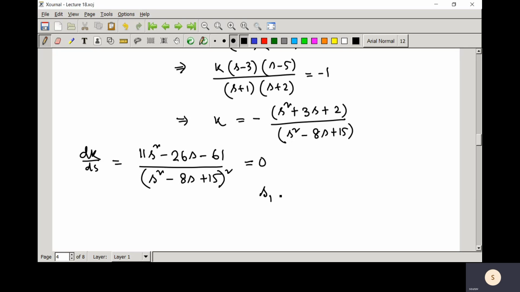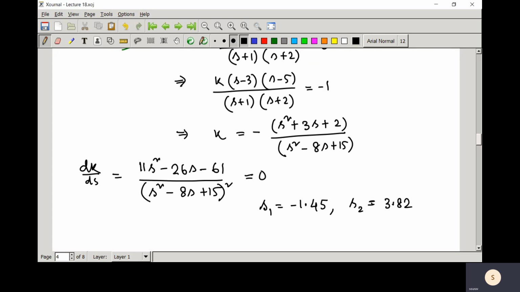You get one value s1 equal to minus 1.45 and another value s2 equal to 3.82. Then you need to check which point belongs to the root locus.